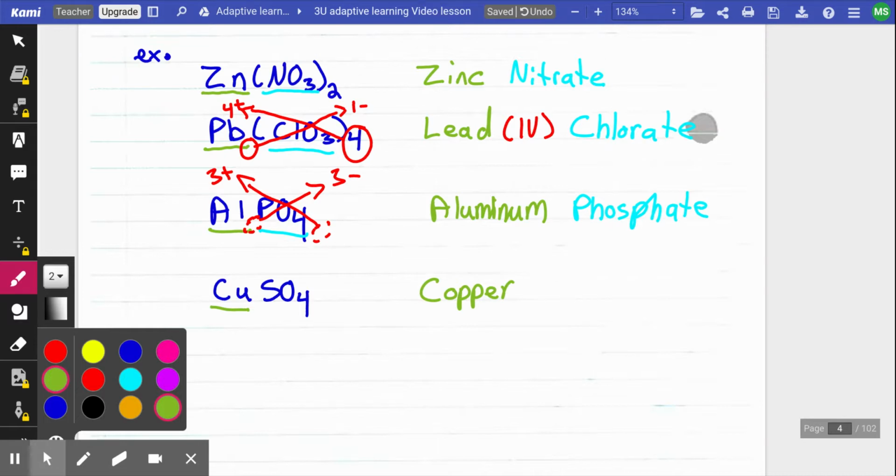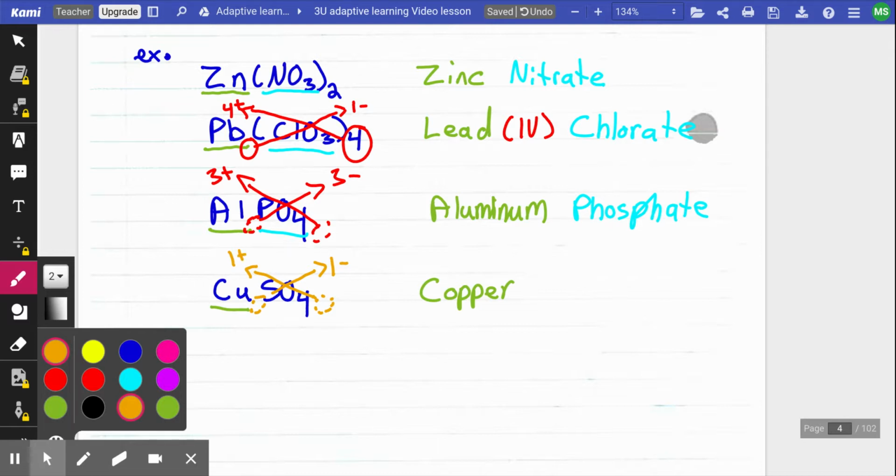So we have to figure out the Roman numeral for our copper, and we're going to do a reverse crisscross. So this is an invisible 1, and it is going to cross up here, 1 minus. Now over here, there is also an invisible 1, and it is going to come up here, 1 plus.